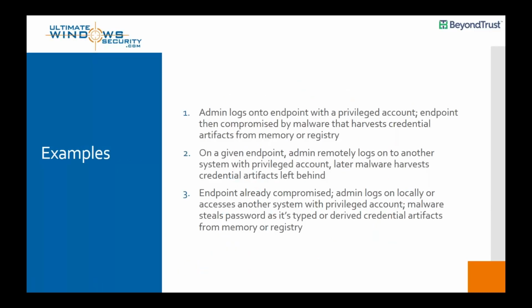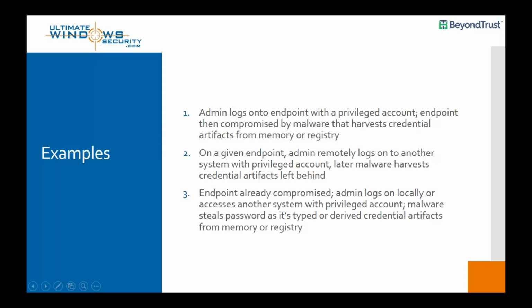Okay, so here are some examples of what we're talking about that illustrate this. Example number one: an admin logs onto an endpoint with a privileged account. Later, that endpoint is compromised by malware that harvests credential artifacts from memory or the registry. Or scenario number two: on some endpoint, the admin remotely logs on to another system with a privileged account.